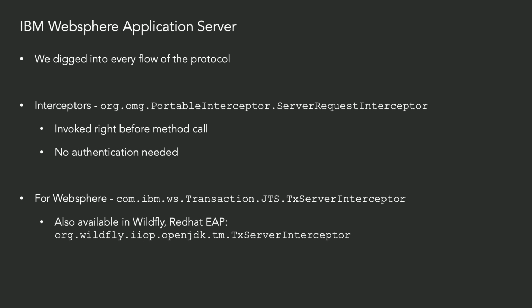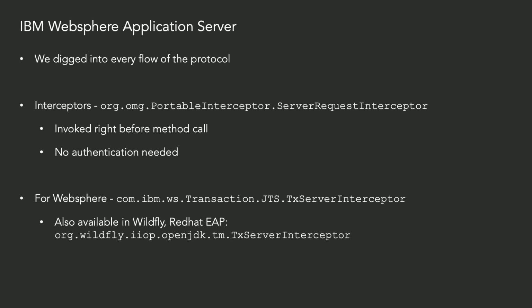So we dig into every flow of the CORBA protocol, and we find out that the server request interceptor class will be invoked right before every RMI method call. Because it's invoked before any method call, there's no authentication involved, because the authentication takes place in the RMI method call.